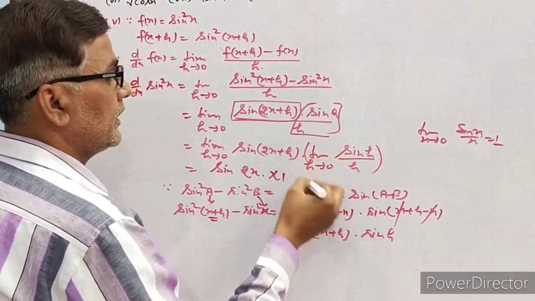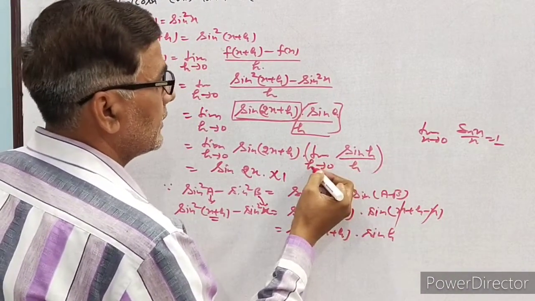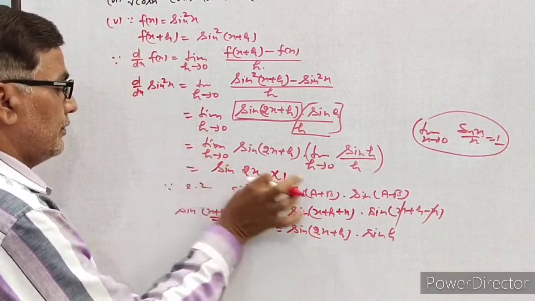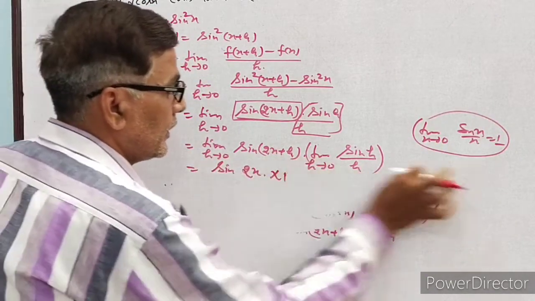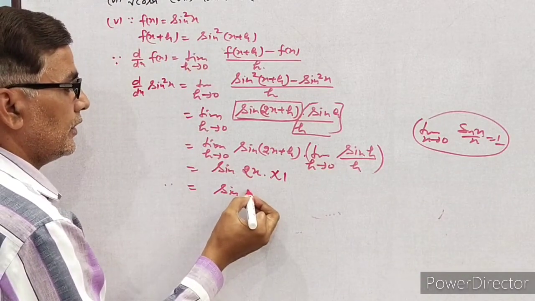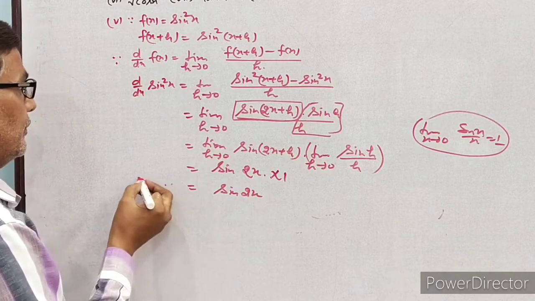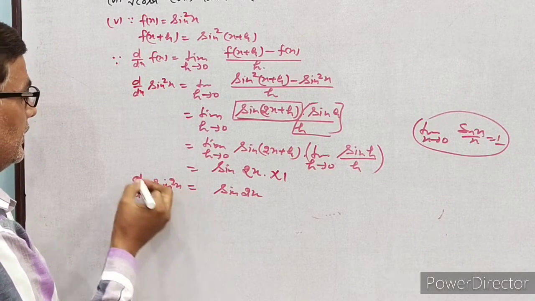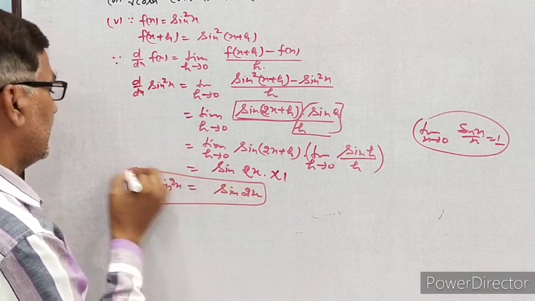So the final result is equal to sine of 2x. So the derivative of sine square x is sine of 2x.